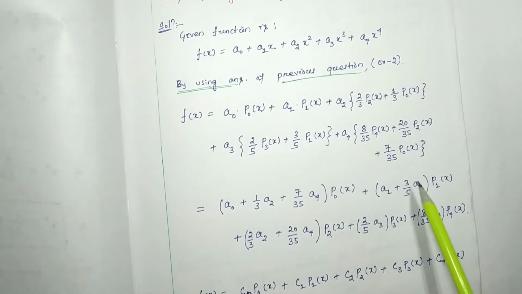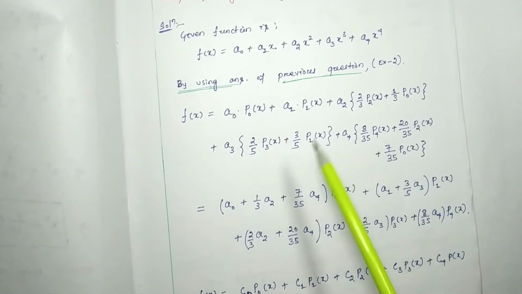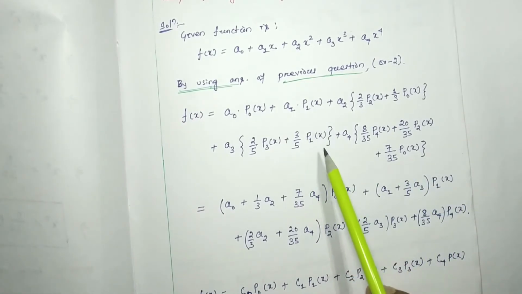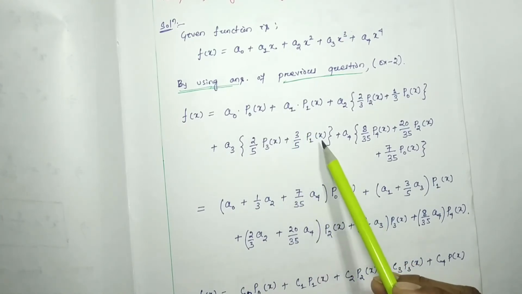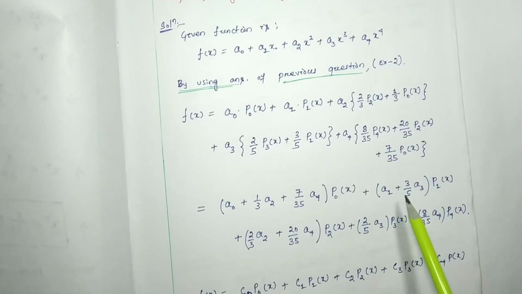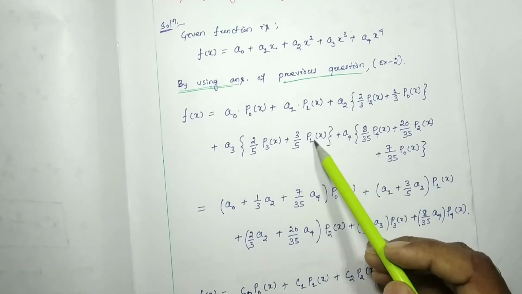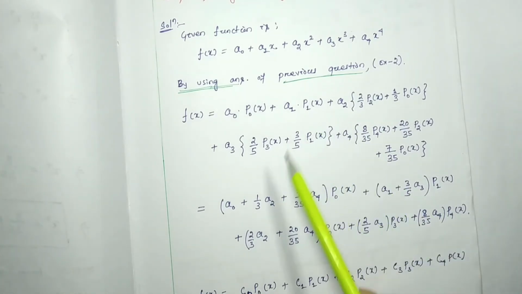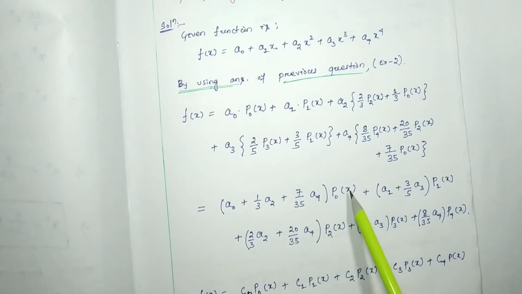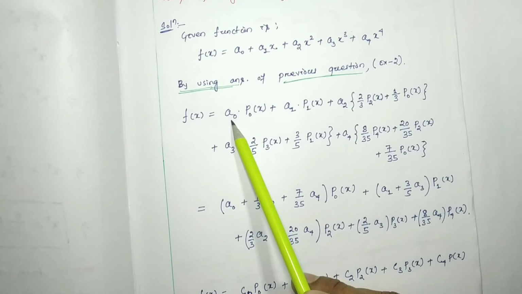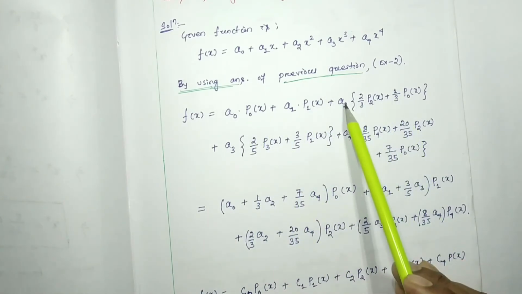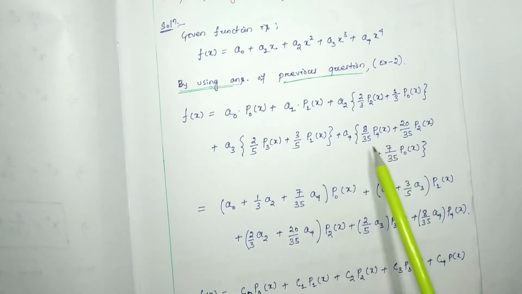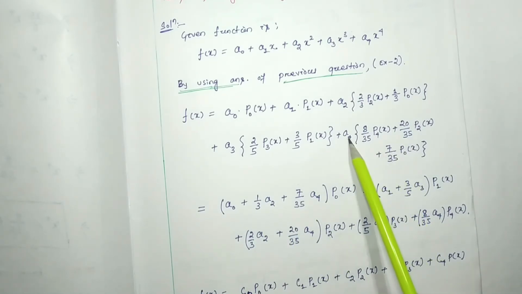Similarly, if we search for p1x, here one p1x, here one p1x, so the coefficients can be taken outside. Here p0x can be taken outside. So in the bracket we find a0, 1 by 3 into a2, and 7 by 35 into a4.